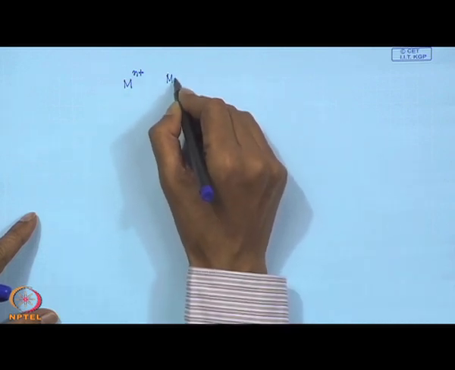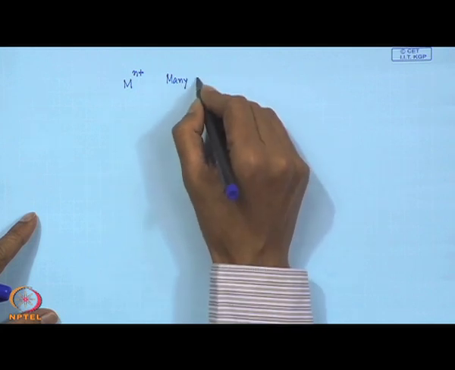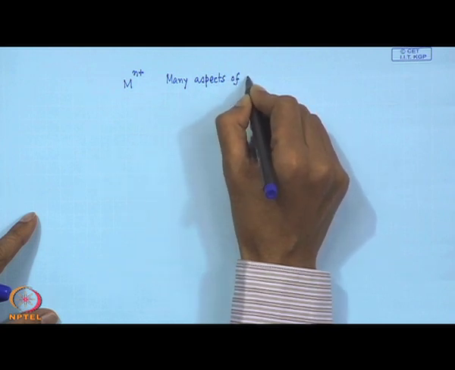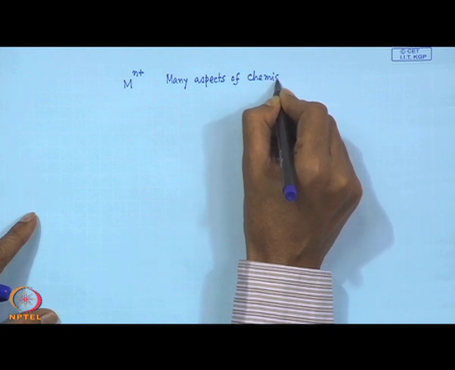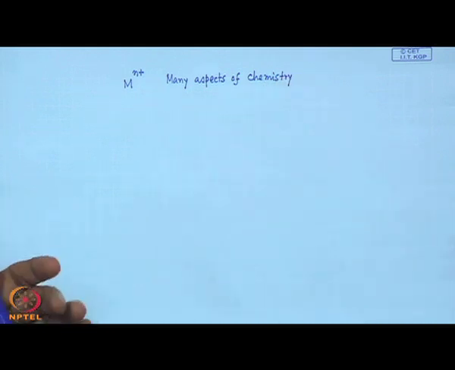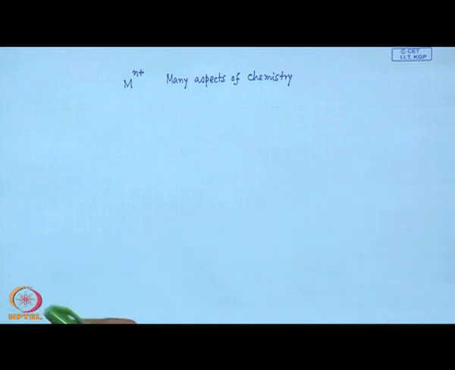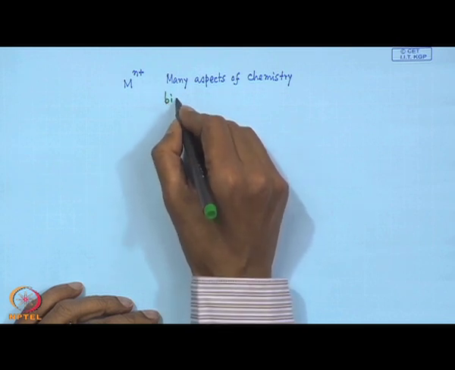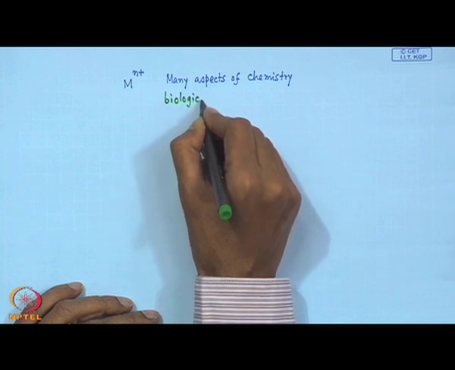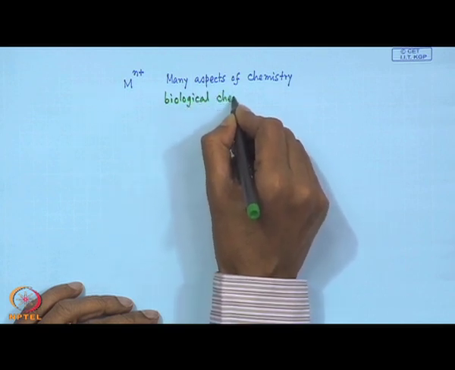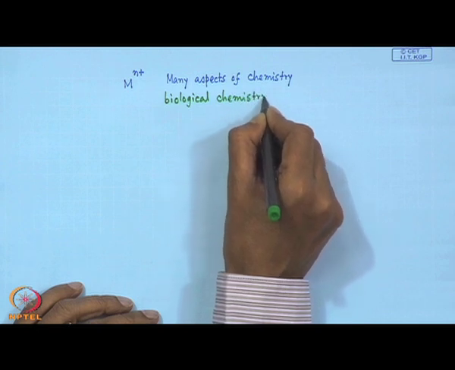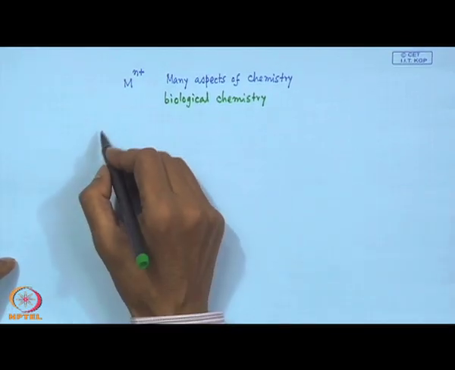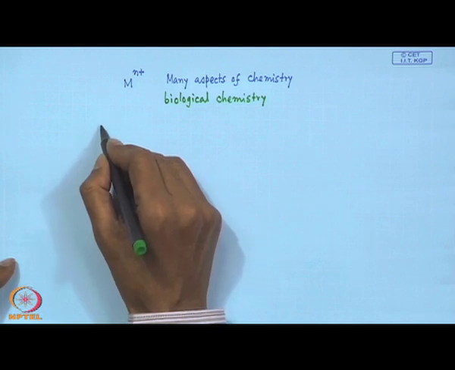Many aspects of chemistry can be explained, as well as some interactions in biological chemistry, which is very important, because we all know from our early childhood that we have blood in our system.